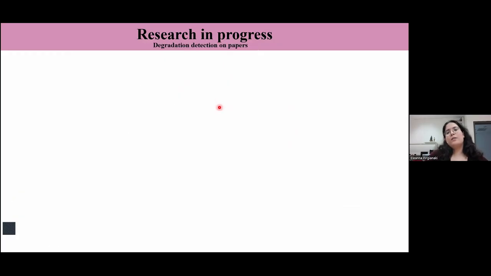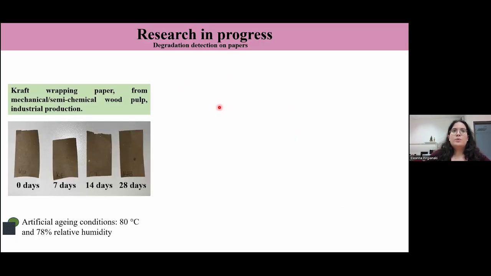Now, the final big category of cultural heritage objects is papers. So we wanted to see if the photoacoustic technique can detect alterations and degradations on the surface of papers after artificially aging them.